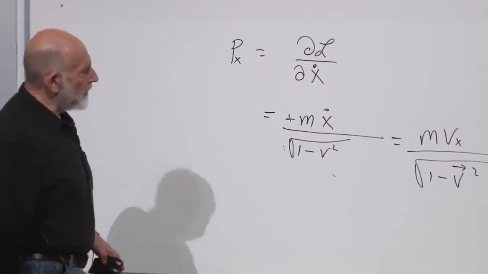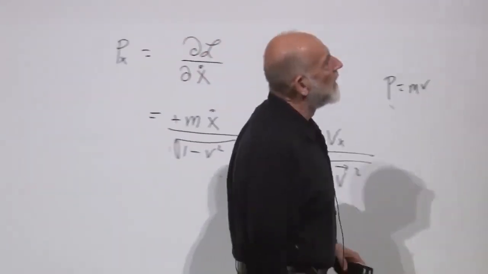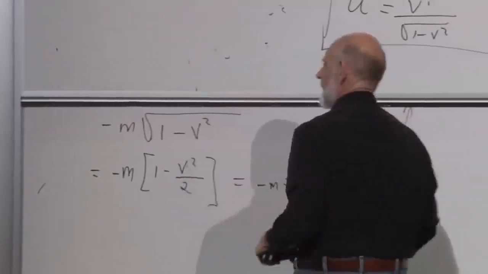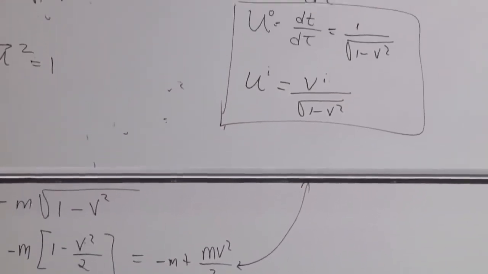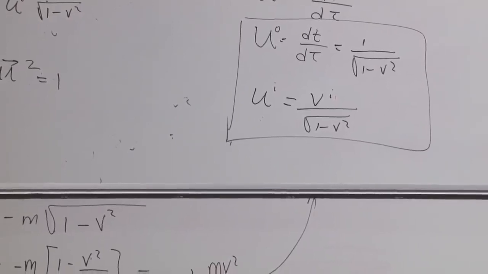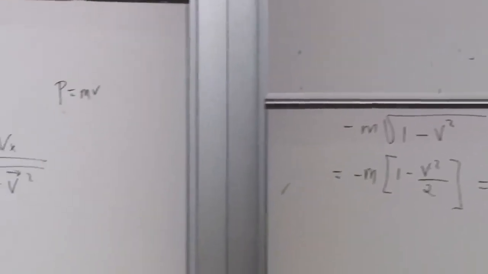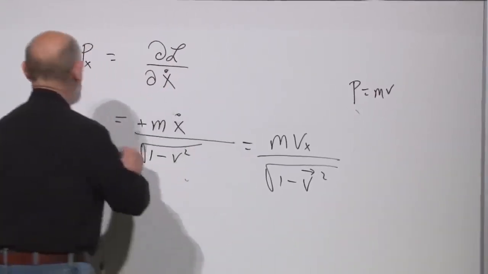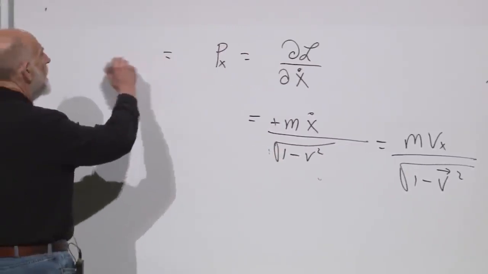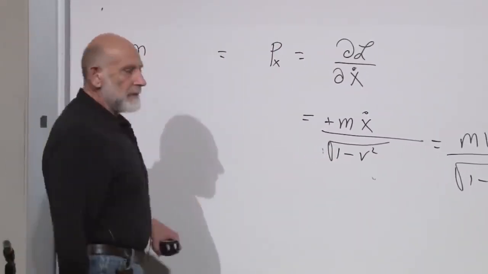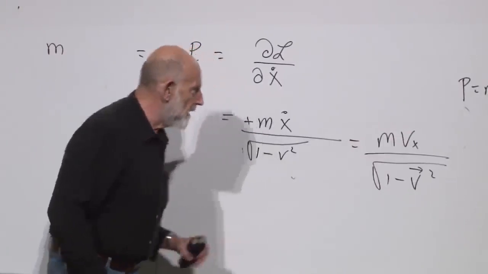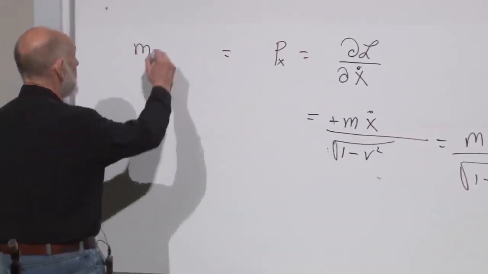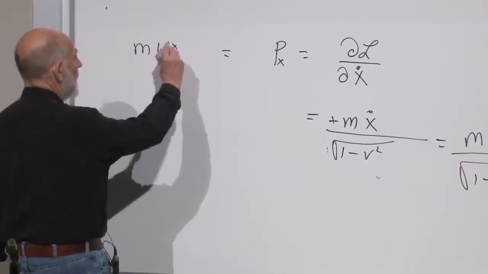Well, we've seen this before, have we not? Right here. V sub i, in this case v sub x, divided by the square root of 1 minus v squared is just u sub x. So what do we get? We get p sub x is nothing but the mass, not times the ordinary velocity, but times the ordinary velocity divided by the square root of 1 minus v squared, which is u sub x.